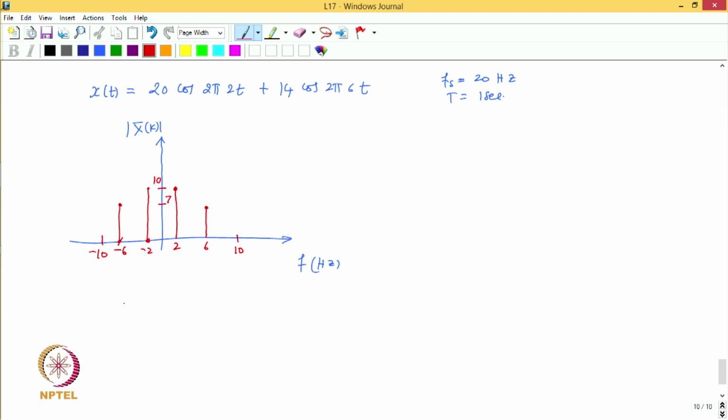This is nothing but the two sided DFT. We can call this the two sided spectrum, the complex DFT, or the two sided DFT.